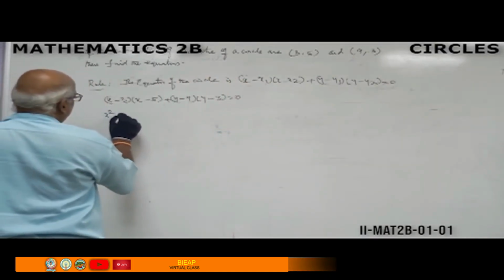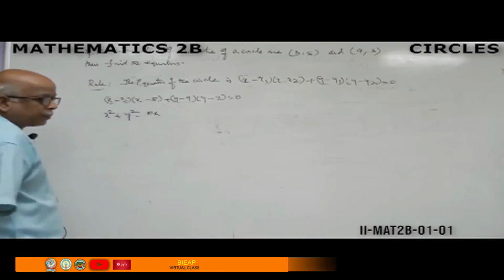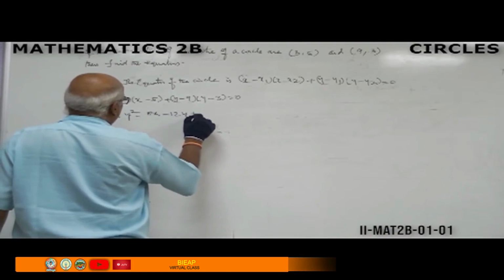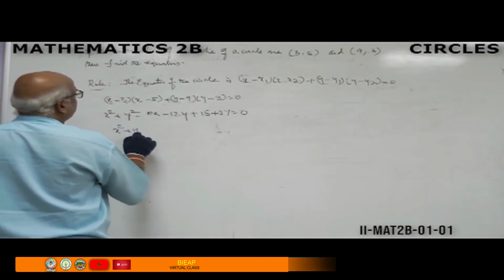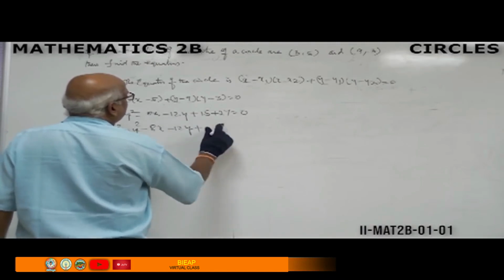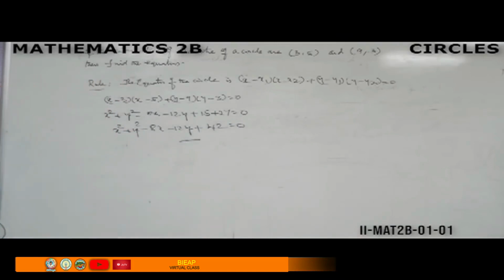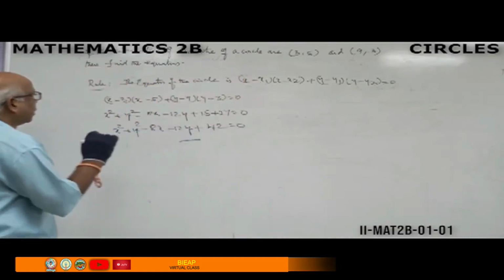Multiplying, x square plus y square minus 12x minus 8y, plus 27 plus 15, that is 42, equal to 0. That is the equation of the circle having (3, 5) and (9, 3) as extremities of diameter.